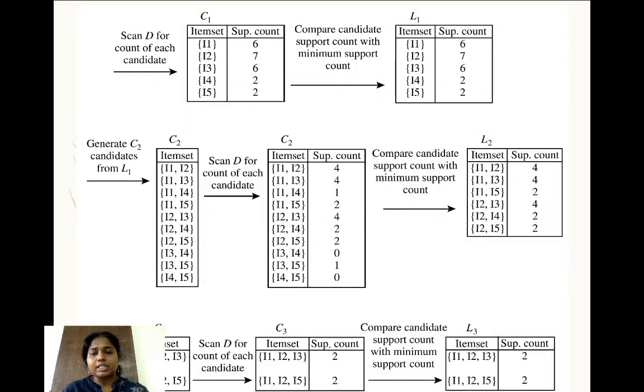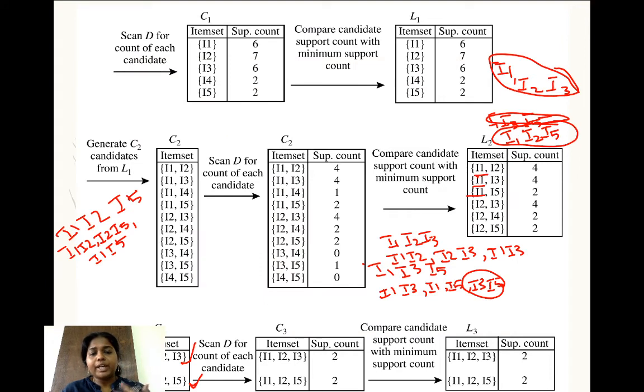In the previous example, we saw every time we generate some combination, we scan the entire database once again to get the support value. Candidate generation is also difficult. Scanning the database multiple times also is difficult.